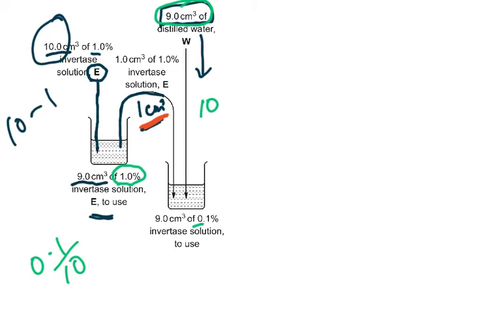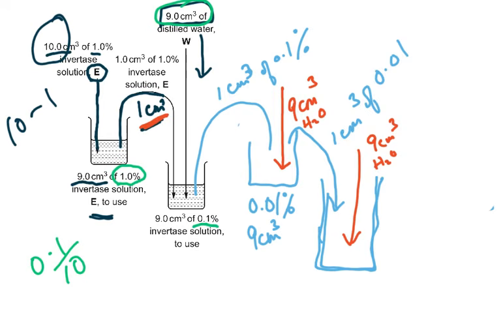So we had to reduce it by 10 times. Now you can see how we have taken out 1 cm³ of 0.1%, and put it in another beaker.